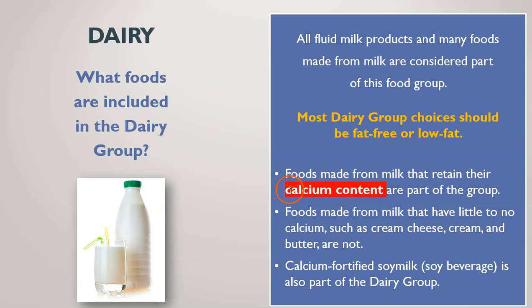Okay, and in fact, it says foods made from milk that retain their calcium content are a part of this group. So really, this dairy category, it's there to help us meet our calcium requirement.